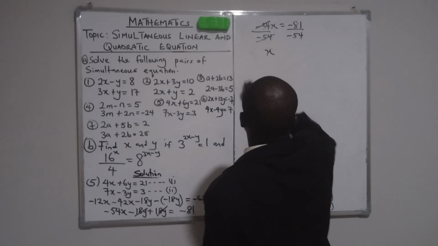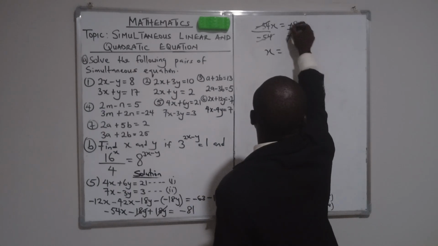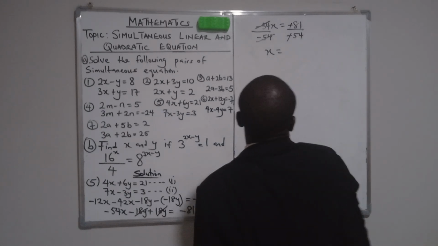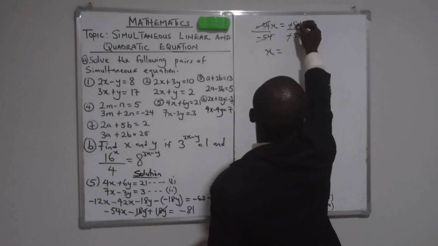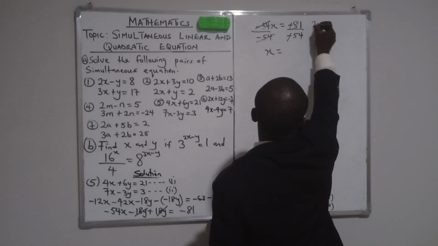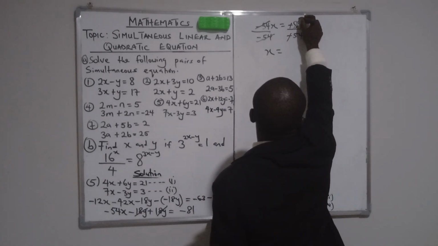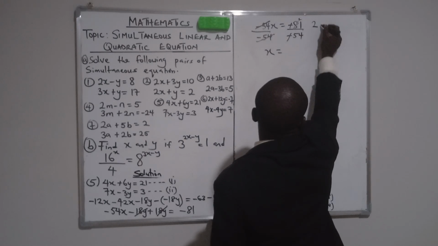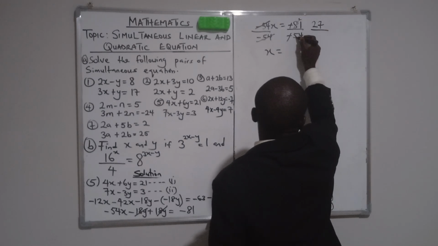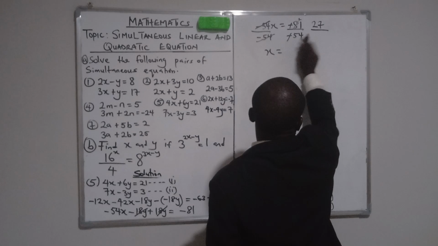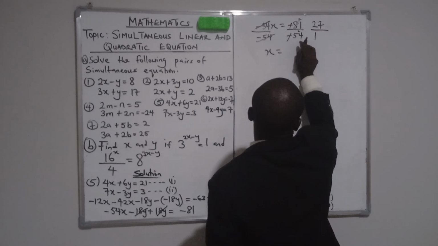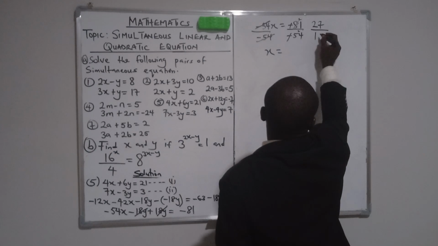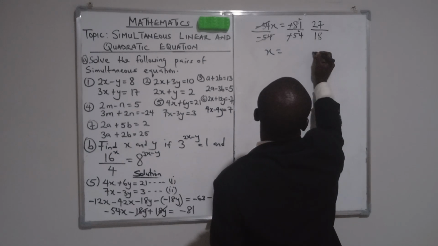x equals negative cancel negative. What can go? 3 goes in 81, 27. 3 goes in 54, 18.